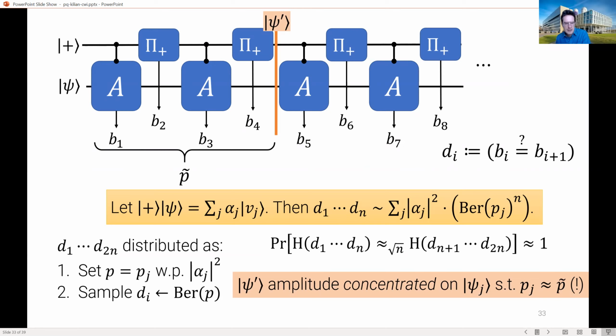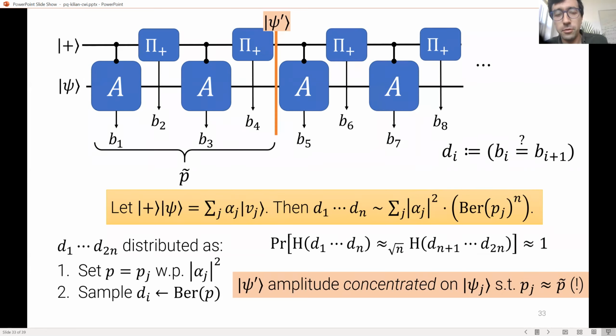Can I ask a question? So these D1 to Dn, did you say they are independent? They are independent up to, so they're like a convex combination, a linear combination of independent Bernoulli trials.